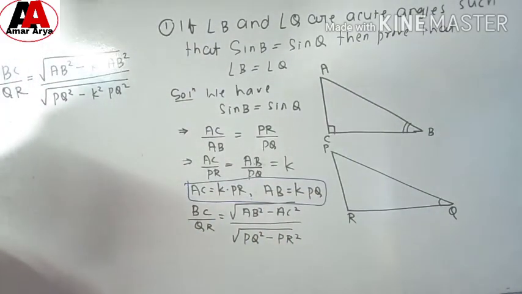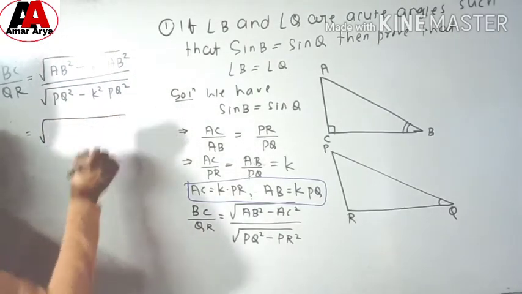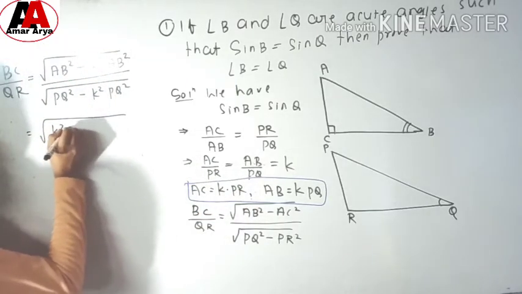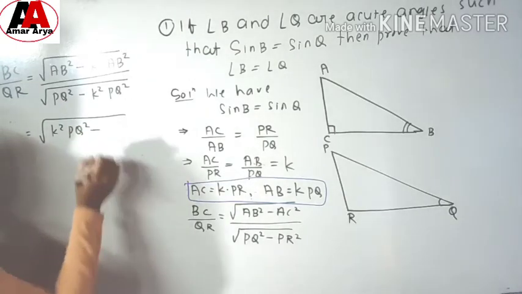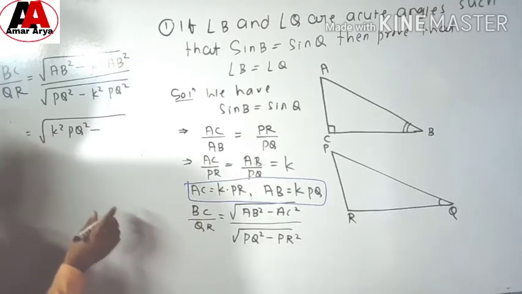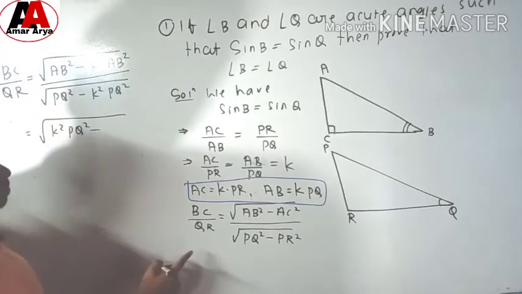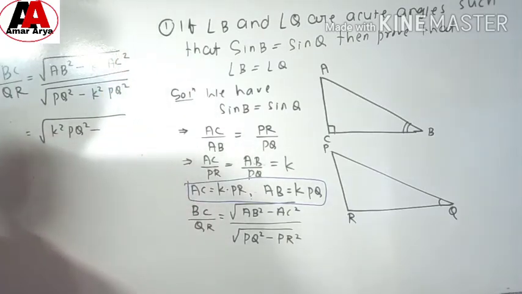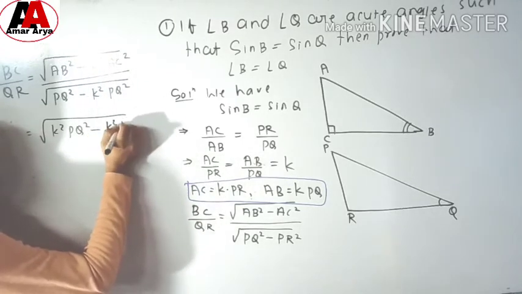Now we can use it. The value of AB is K into PQ, so AB square is K square into PQ square. Then BC is the square root of AB square minus AC square. In place of AC we write K into PR, so AC square is K square into PR square.